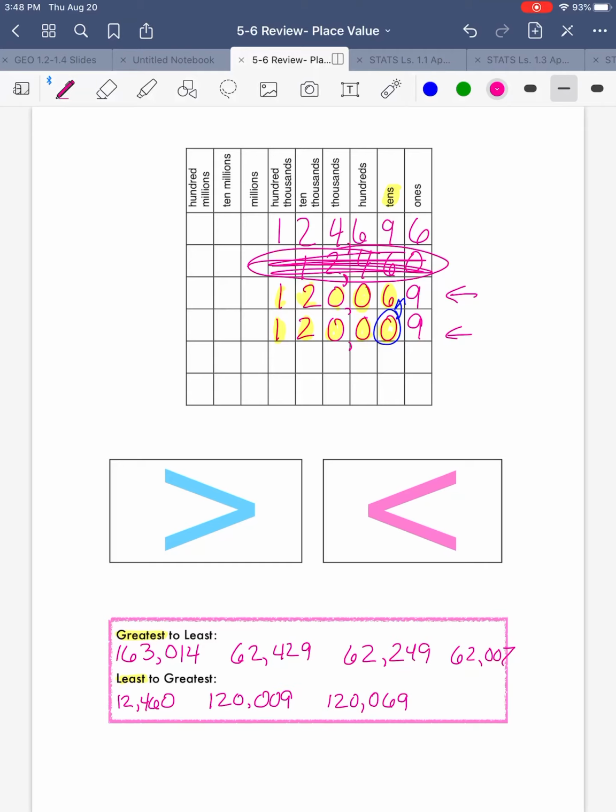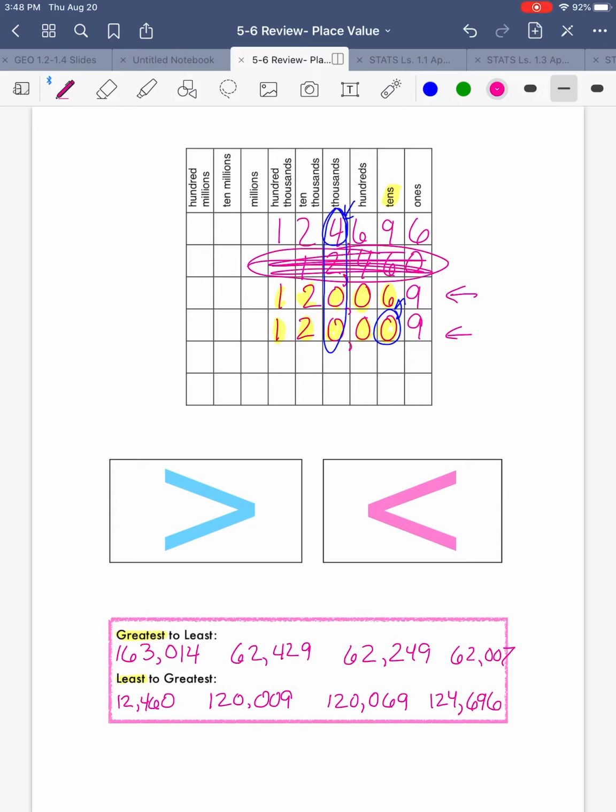Remember, we already determined that this number is the greatest. And the reason why is because in this location, there's a 4. The 0s are smaller than 4, so we had to put these two numbers first. This number is the biggest. So I will write 124,696 at the very end for the greatest number.